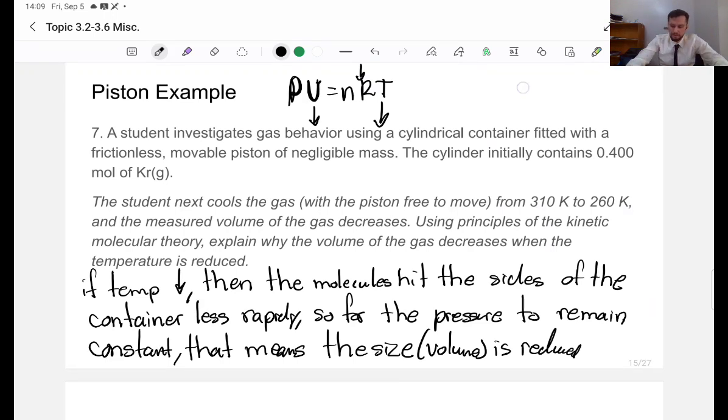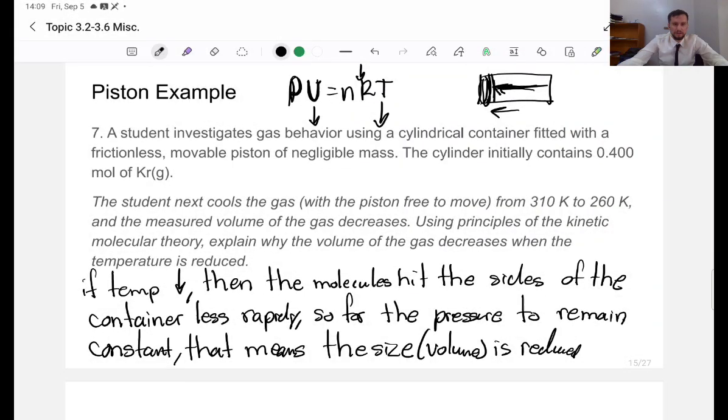So the piston is going to move inwards, decreasing the amount of space available for the gas, which in turn keeps the pressure constant, because as we said, in the piston the pressure remains the same. So when the space decreases because of the decrease in temperature, the pressure gets maintained and the volume decreases.